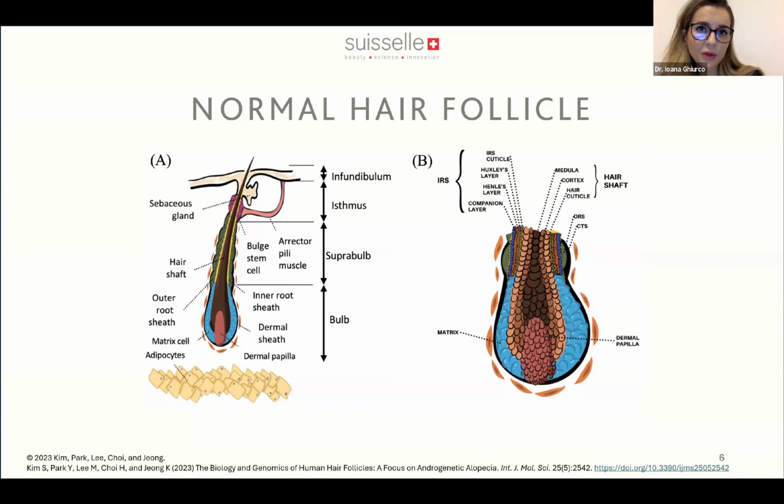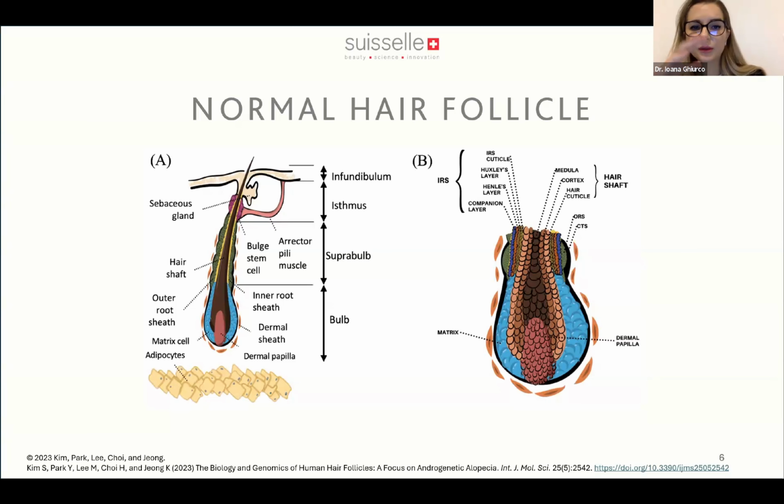It is made up of epithelial cells and mesenchymal cells, which together with the sebaceous gland and erector pili muscle will form the pilosebaceous unit. It's classically divided in three segments, even though some others include a fourth segment description. The superior one is the infundibulum, the next in the middle, the isthmus, and the inferior one contains the bulb and the suprabulb.